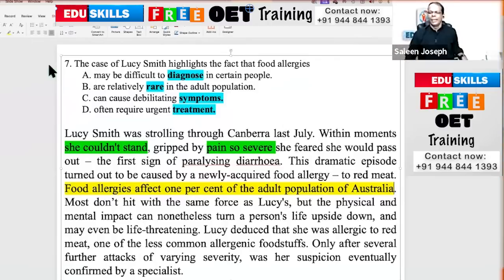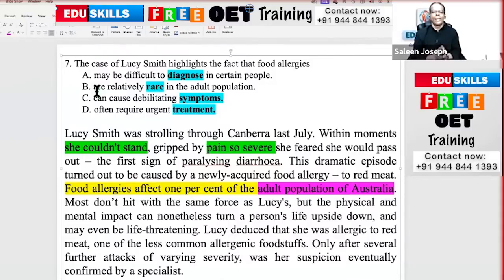It doesn't specify. But the text is saying the adult population of Australia. This is a technique they commonly use. Did you understand?